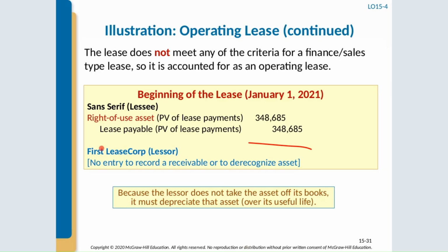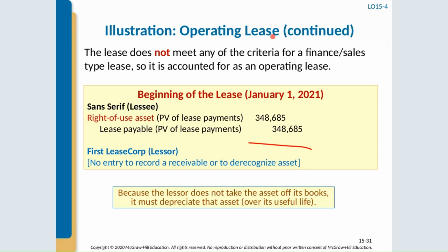However, the lessor has no entry when it comes to operating leases because they're not going to credit that asset. They're still holding the asset or showing the asset on the balance sheet. So that's probably the biggest difference between an operating lease and a sales type lease when it comes to the lessor, because with the sales type lease, they're going to credit the equipment or whatever they're leasing.